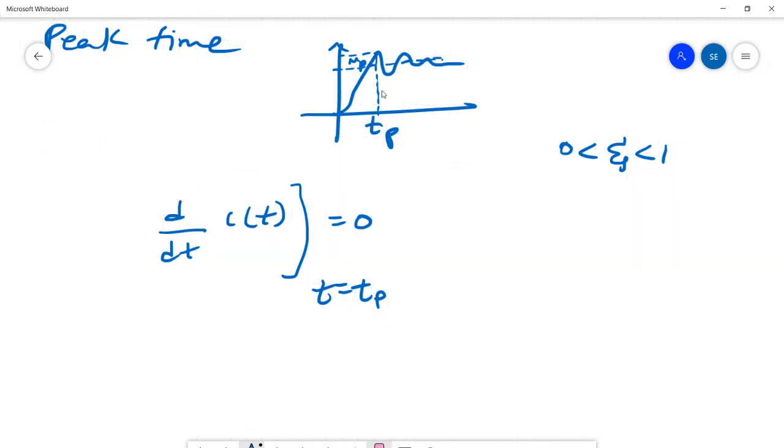What we need is only Tp, so C of t should be differentiated, because we want the deviation from the actual value to the maximum peak overshoot.